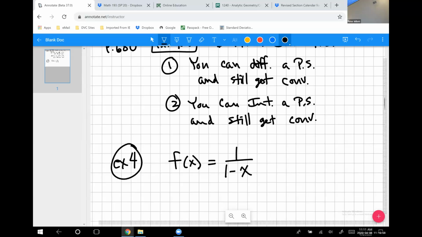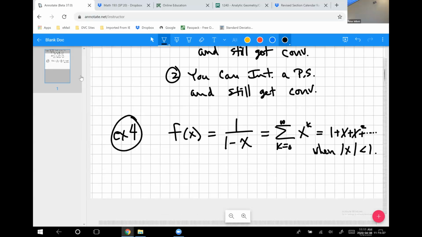So this, in those cases, is equivalent to the series as k goes from 0 to infinity of just x to the k, or 1 plus x plus x squared, etc. And this is when the absolute value of x is less than 1.